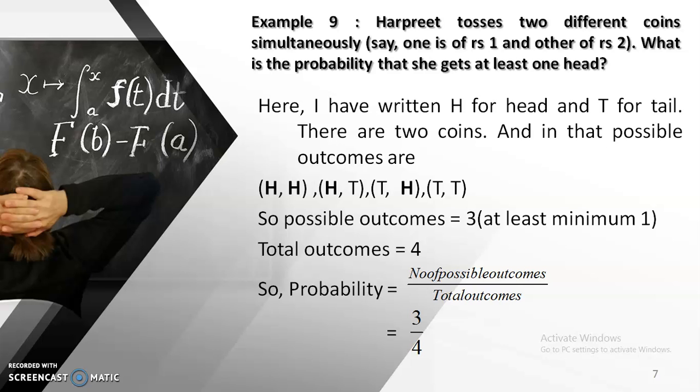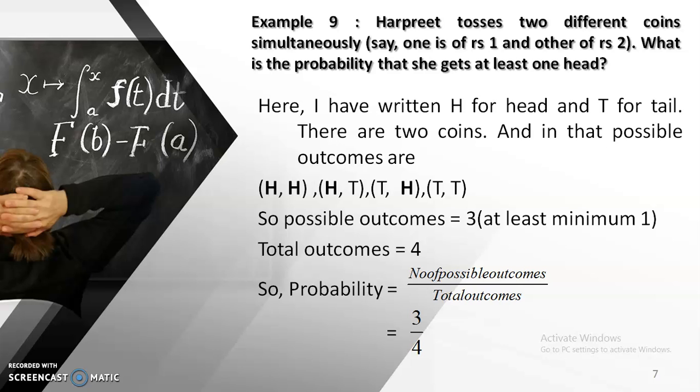Means total outcomes 4 and possible outcomes 3, because at least means minimum one head. Here I have bolded head head as first, head tail as second and tail head as third. Here we have 3 answers where head is present. So probability equals number of possible outcomes divided by total outcomes equals 3 divided by 4.